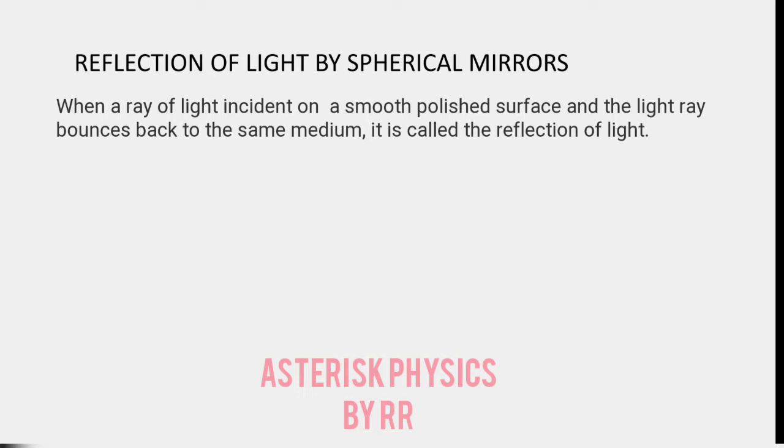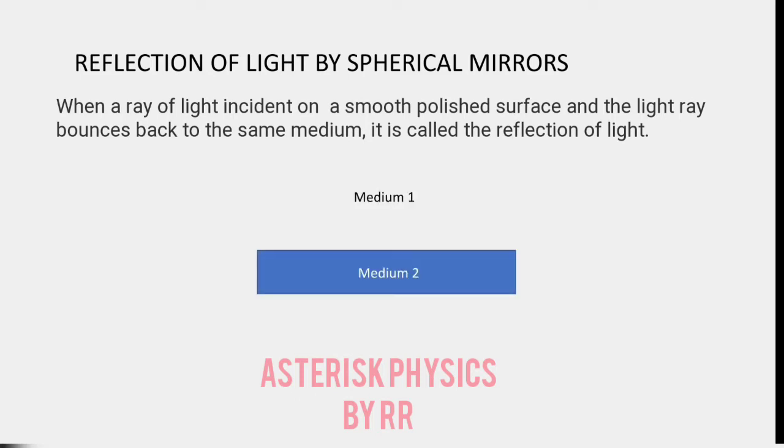That is, the light bouncing back to the same medium is called the reflection of light. Here you can have two media, medium 1 and medium 2, and let us see what this reflection means. An incident ray gets reflected. That is, the ray gets bounced back to the same medium, and this is what is called reflection of light.